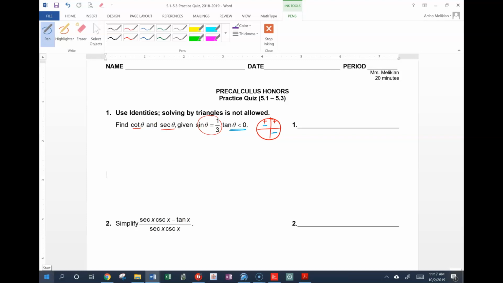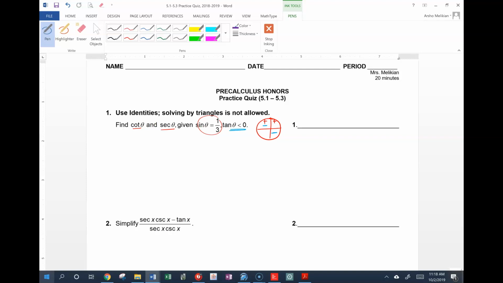Since sine of theta over cosine of theta equals tangent of theta, then cosine of theta over sine of theta is going to equal cotangent. So we need to find cosine. We need secant, which is like cosine.